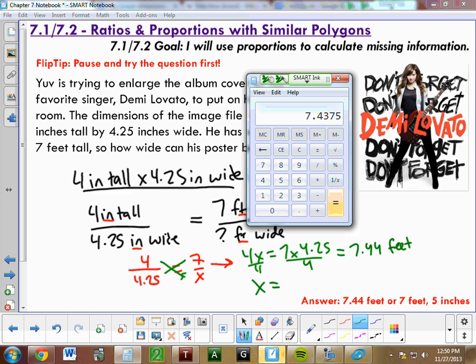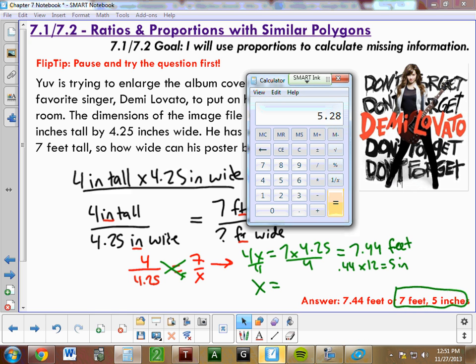Now, one cool trick about how you get this into an actual measurement that we can use, because nobody says 7.44 feet. They say 7 feet and so many inches. So I have 7 feet, but if you take the other part, the 0.44, and you want to convert that to inches, you can just multiply it by 12, and it gives you the number of inches. So 0.44 times 12 equals 5 inches, which is how I know that it's 7 feet, 5 inches.